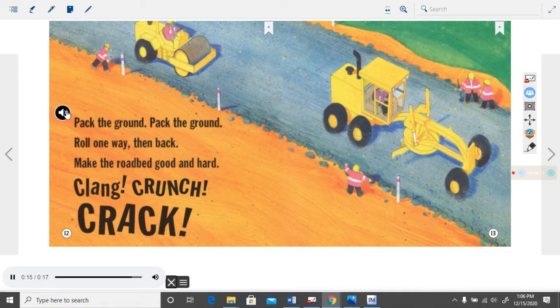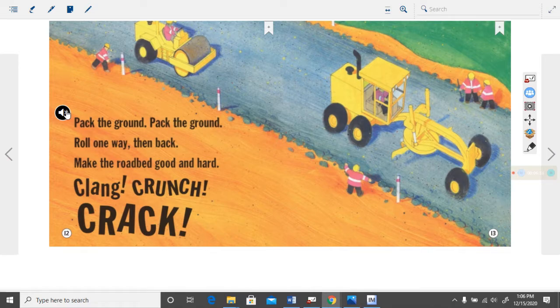crunch, crack. So how do the machines pack the ground? They roll one way and then back. The text tells us that. Right after it says pack the ground, it said roll one way and then back. That means that's how they are packing it.